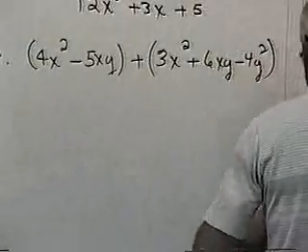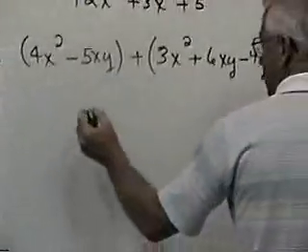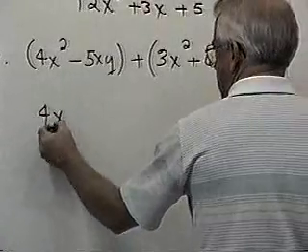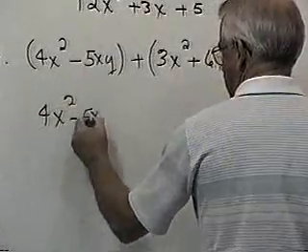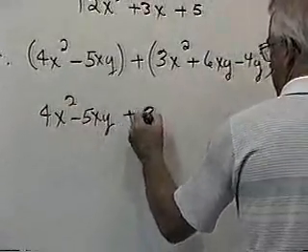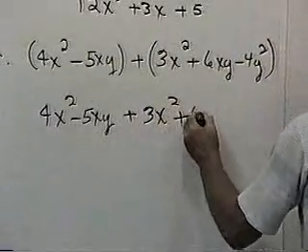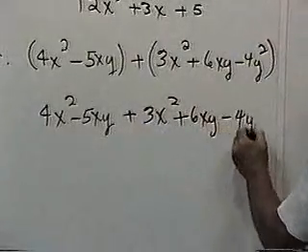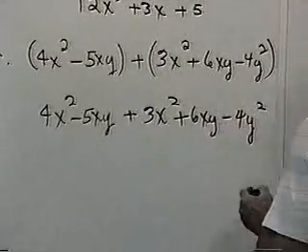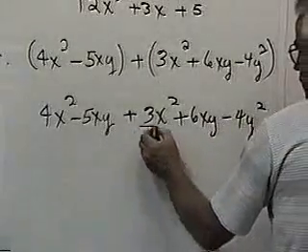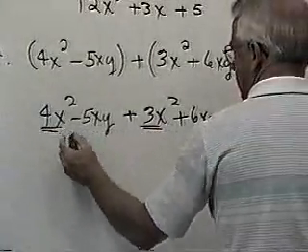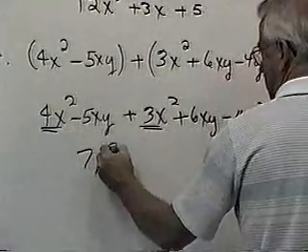Let's do it by removing the parentheses. So removing the parentheses, we have 4x squared minus 5xy plus 3x squared plus 6xy minus 4y squared. Now we come along and add apples to apples. All right, here's some x squares, and there's x squares, so that's 7 of those.